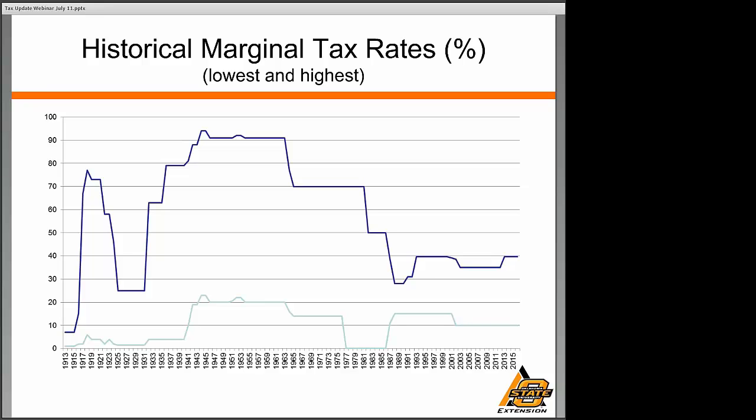And since then, we've been hammering things down, and we've pretty much kept them below the 40% rate. But you'll notice on the bottom side, there's been years where we had a 0% tax bracket. So that's not uncommon either. This kind of gives you an idea of how the disparities of our tax code have gone over the years, to kind of give you an idea of what the extremes have been and where our simplification may be headed.